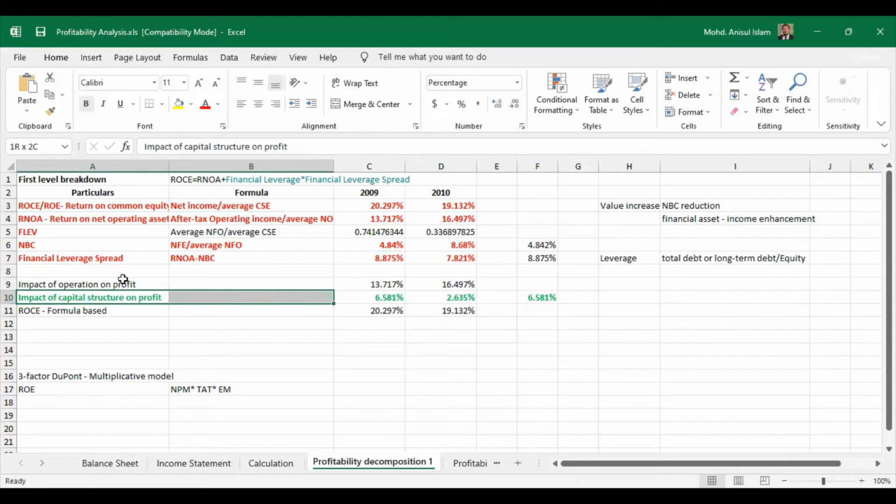If the spread is a bigger number, in that case, you will see that the impact of capital structure on profit will be a bigger number. So what have we understood?